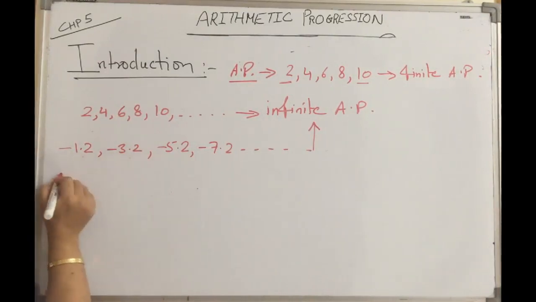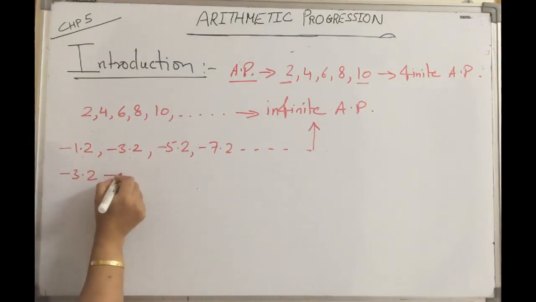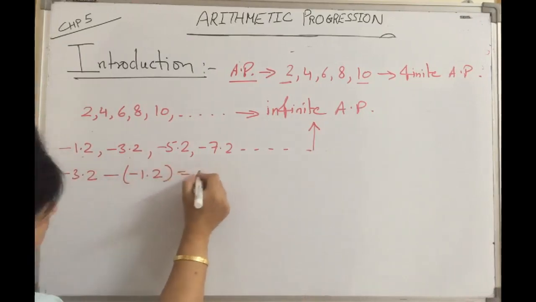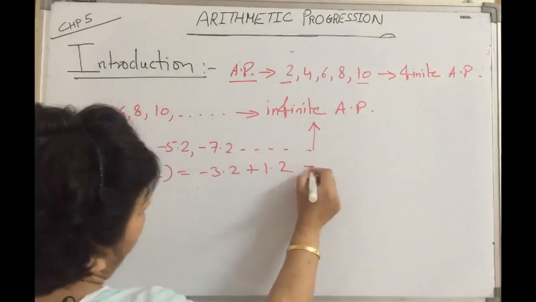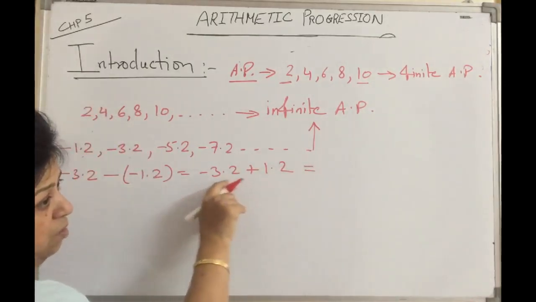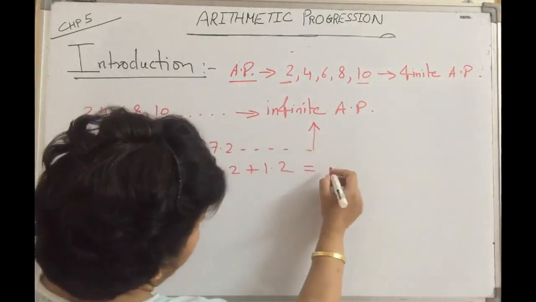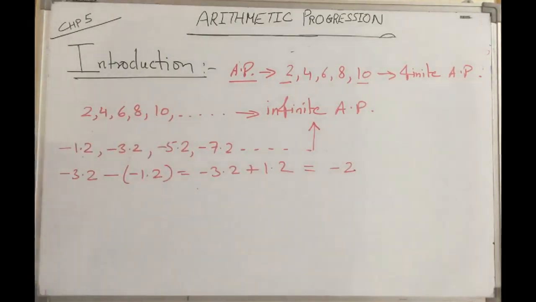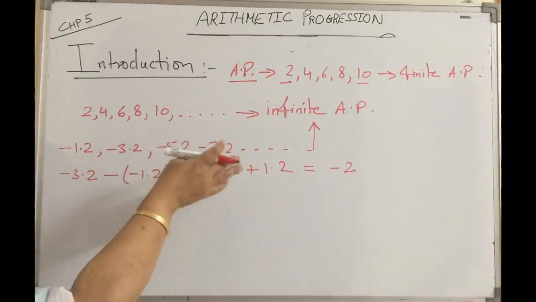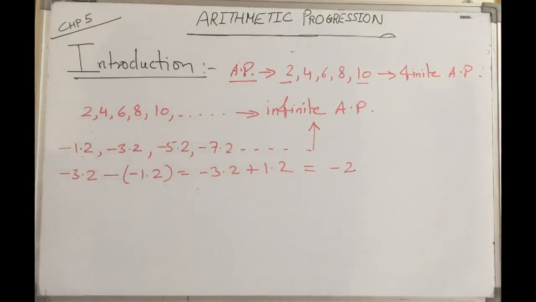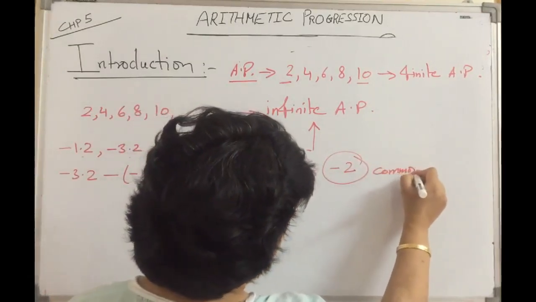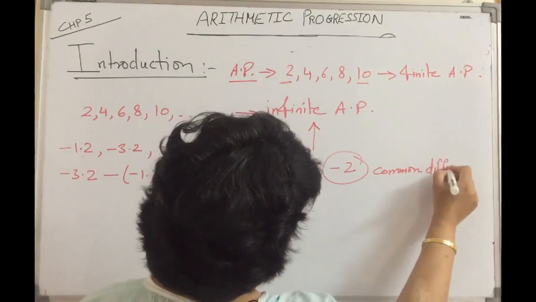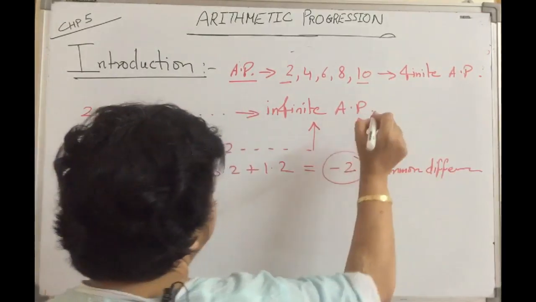The second term minus the first term: minus 3.2 minus minus 1.2 becomes minus 3.2 plus 1.2. One term is negative and another positive, so they will be subtracted. So the answer will be minus 2. Similarly, you can calculate the difference between any other two consecutive terms and verify that the common difference comes out the same. So the sequence is an AP.